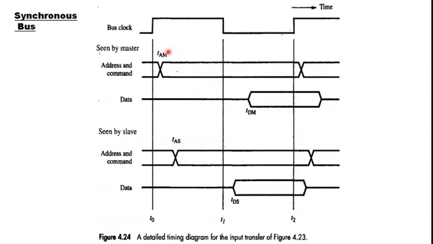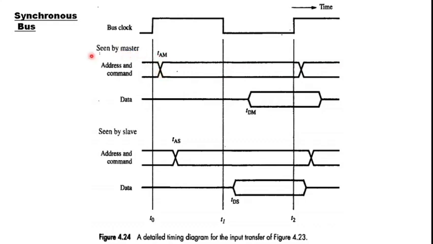There will be a delay introduced by the master due to the delay in the driver circuit of the master. So by tAM, the address information for the slave as well as the command information for the slave will be available on the bus. Again, this is from the master's perspective.